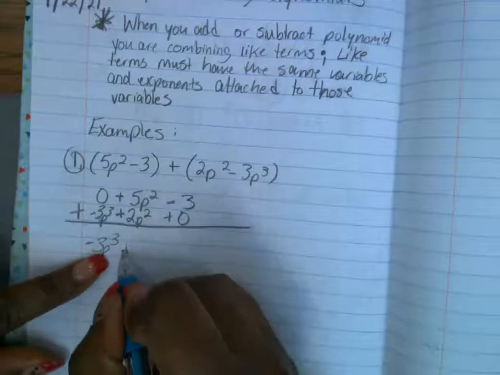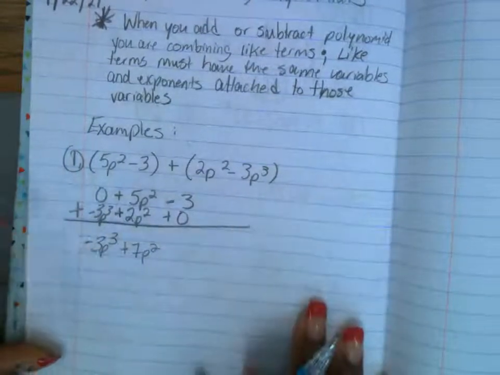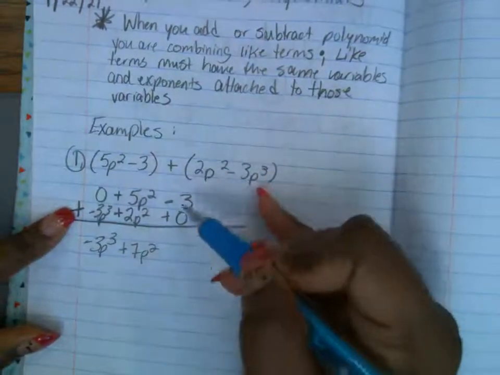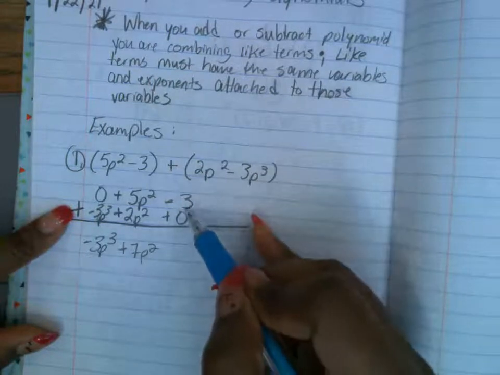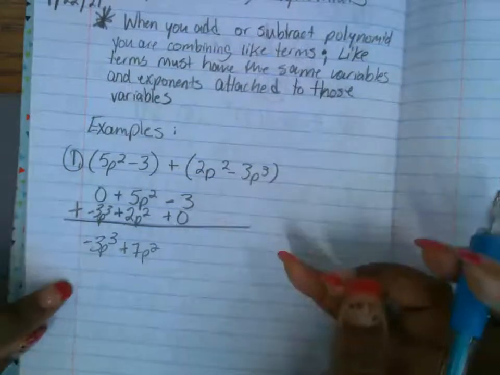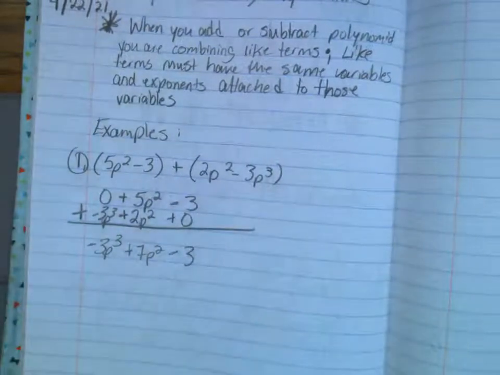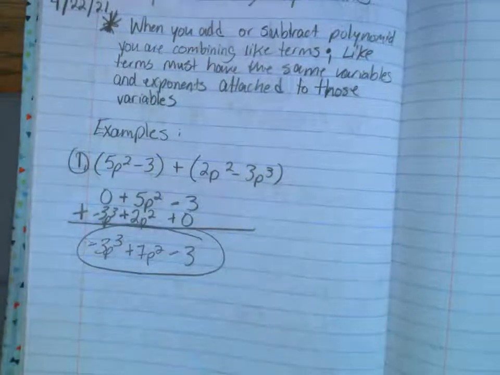So that's going to be 7p to the second. Okay. Last, we're going to add these terms together. This gives me a negative 3 plus 0. Negative 3 plus 0 is just negative 3. And this is going to be your answer.